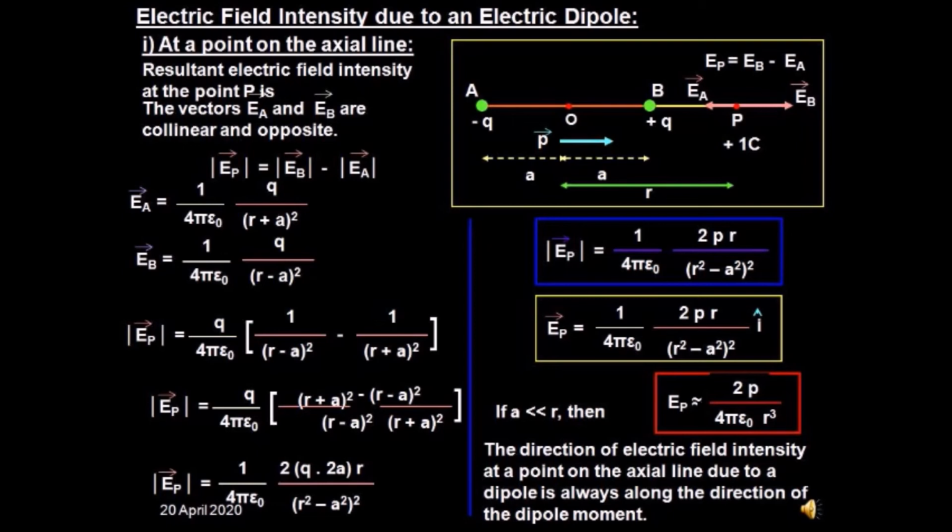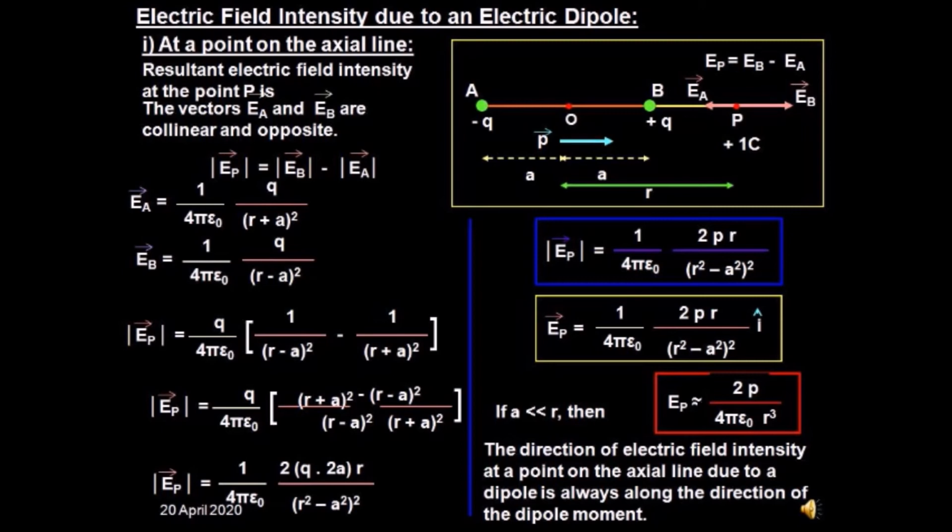So see the next step of LCM, and finally after taking the LCM and simplifying, the last answer on the left side is 2Q into 2A into R upon 4 pi epsilon 0 R square minus A square whole square.